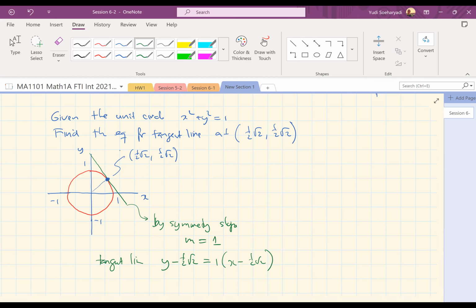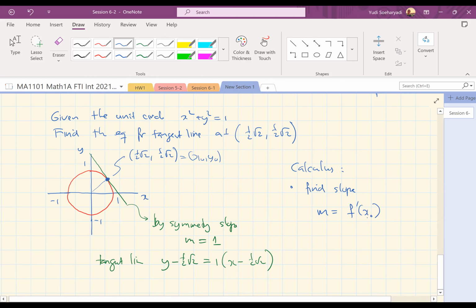All right. So if we want to do calculus on this thing, say this is the point. First thing is to find the slope. Slope is at this point. Okay. Now the question is, what is f?